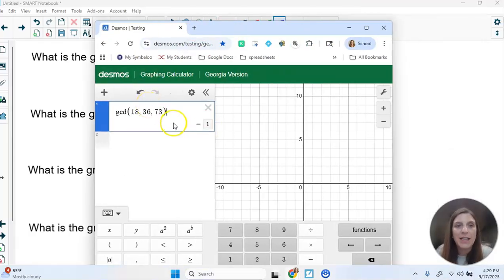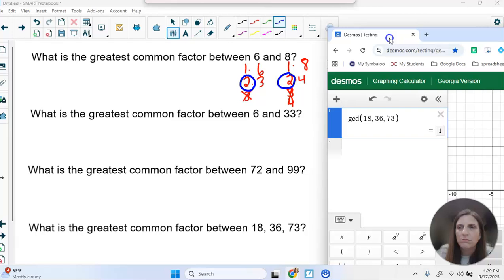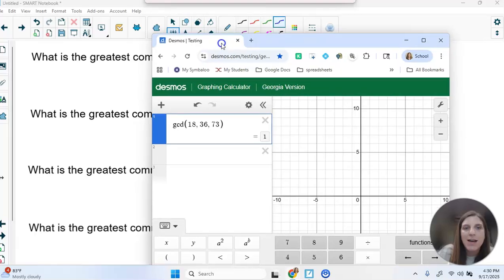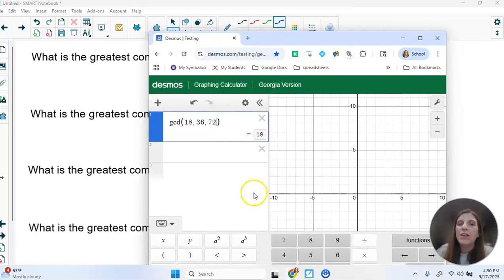Close your parentheses. Okay, hold on just a second. I definitely meant for this to be a 72. I don't know where I got 73 from. And why is this frozen now? There we go. So then your greatest common factor would be an 18.